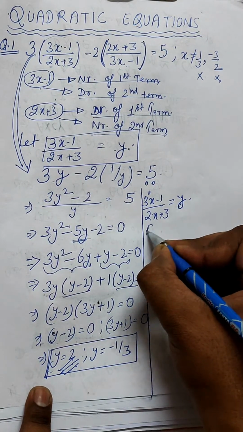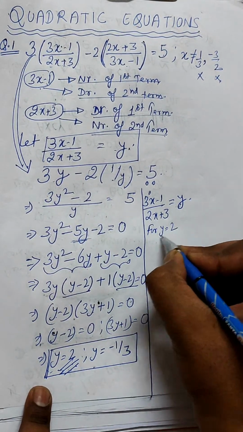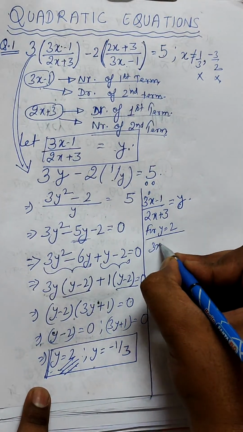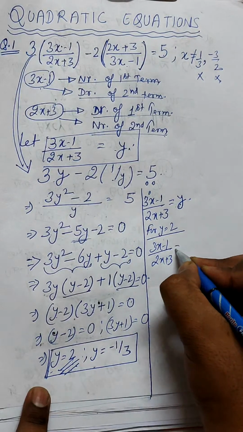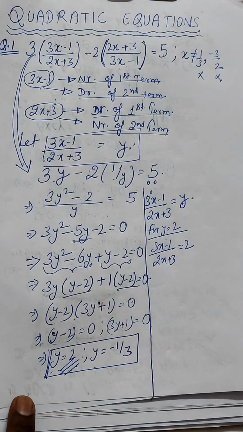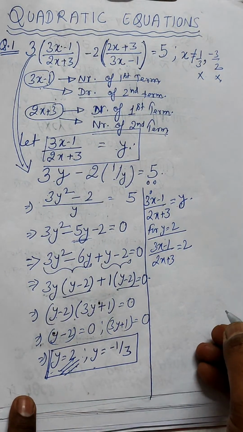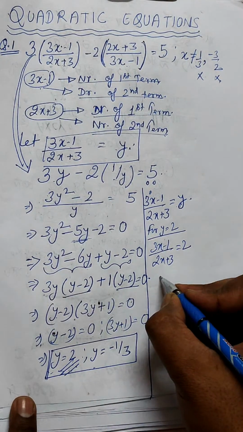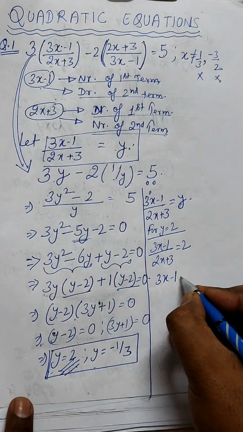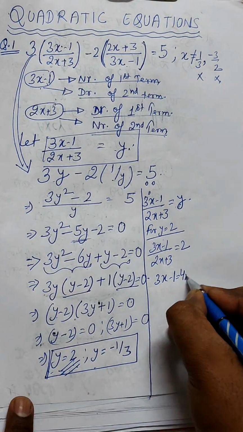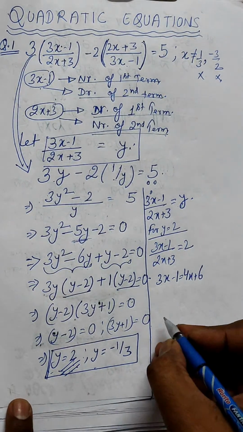For y equal to 2, (3x minus 1) by (2x plus 3) is equal to 2, right? And this will give you 3x minus 1 is equal to 4x plus 6.